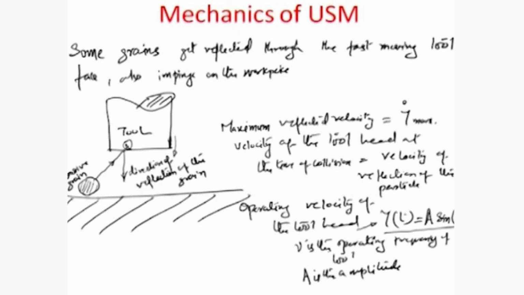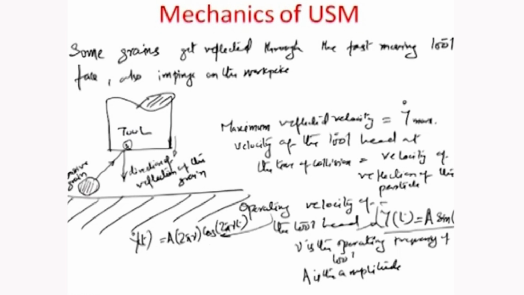So the operating velocity of the tool head would be dependent on this equation of motion here, and so operating velocity can be written down as y dot t, the first differential of y with respect to time, which is equal to a times 2 pi nu times cosine 2 pi nu t, okay.